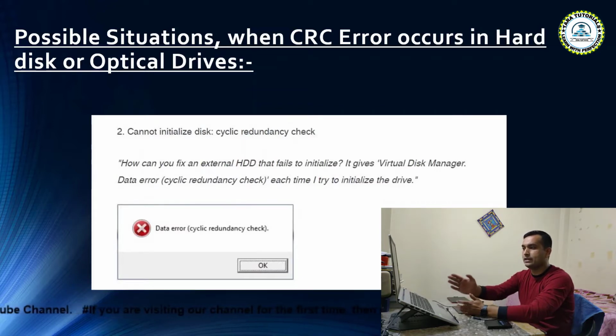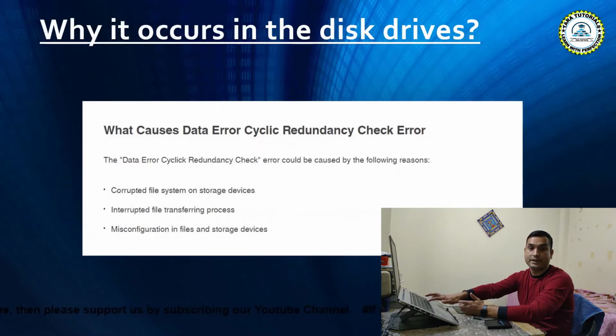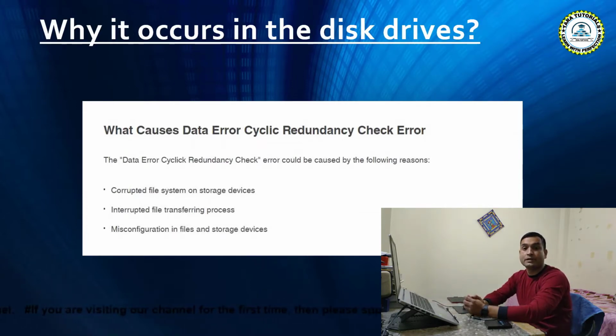If you get either type of message on your screen while using the disk, then you should be very serious. There is something very serious happening in your disk drive. There are some bad spots on the data and you need to recover from it.